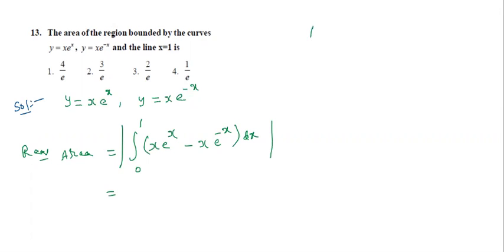Now, what is the integration of x e power x? You know the formula: integration of e power x into f of x dx. Instead of f of x, take x power n or x cube, anyone. So I'm taking x power n. How to write? E power x into f of x dx is e power x into, what is the formula?